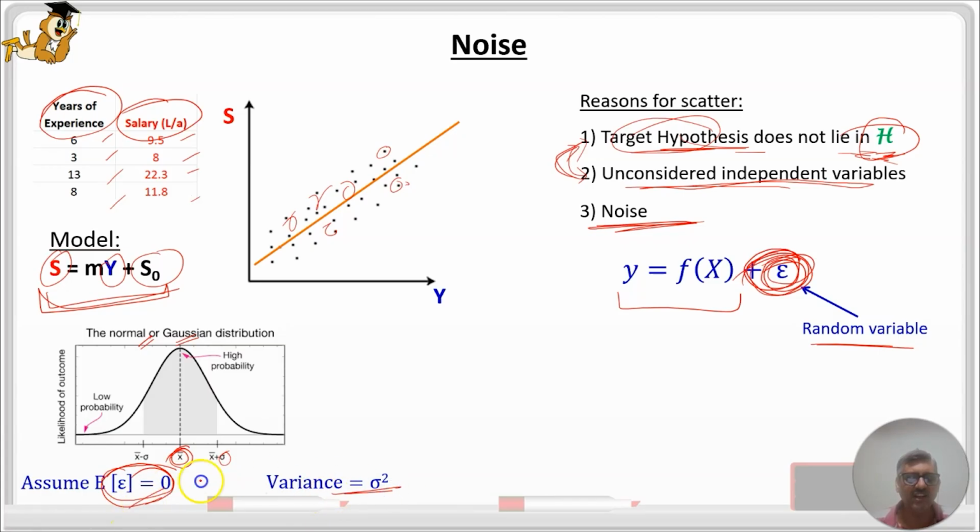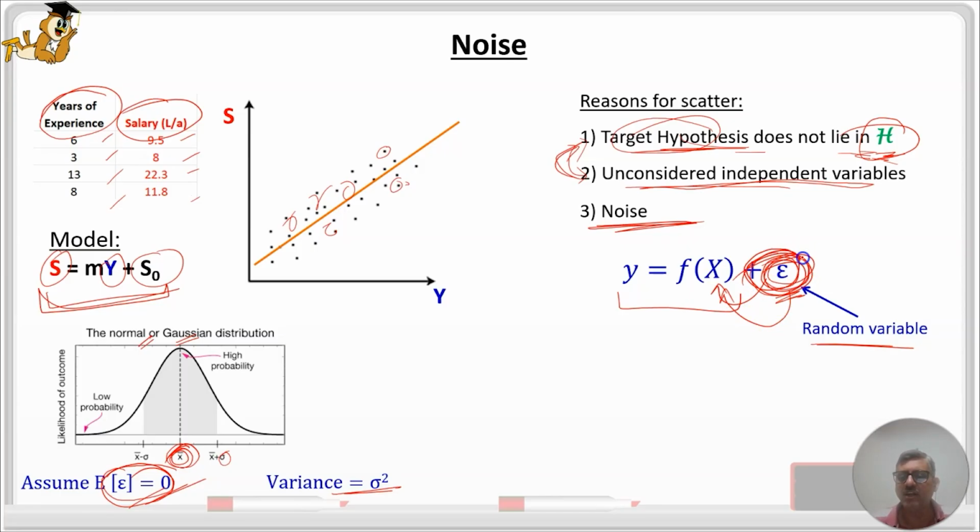The reason we can assume that the expected value of epsilon is 0 is that if it were non-zero, we could simply fold it into f of x. If the expected value of epsilon was non-zero, it could be added to f of x, right?